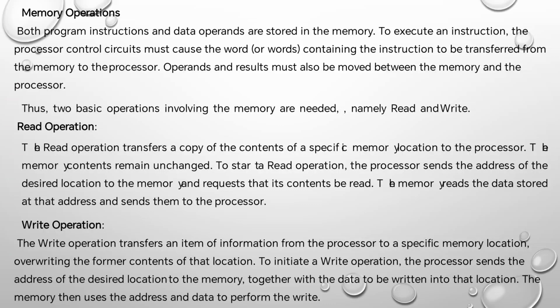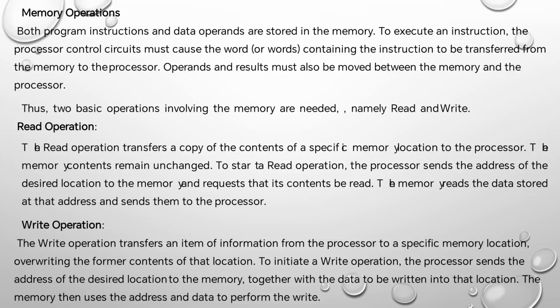The read operation transfers a copy of the contents of a specific memory location to the processor. The memory contents remain unchanged. To start a read operation, the processor sends the address of the desired location to the memory and requests that its contents be read. The memory reads the data stored at the address and sends it to the processor.